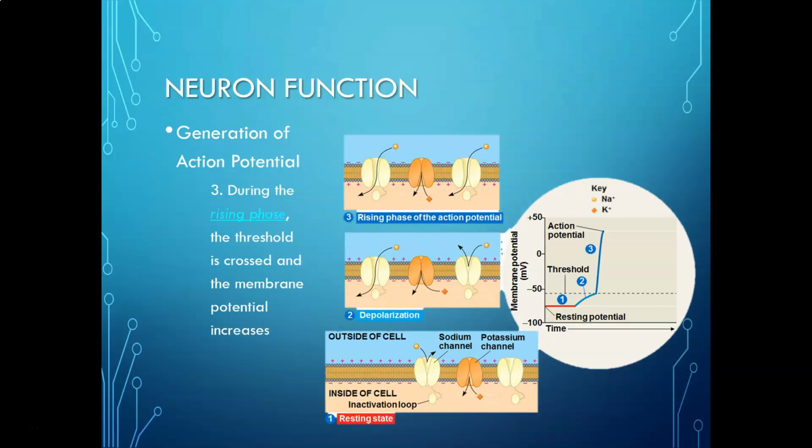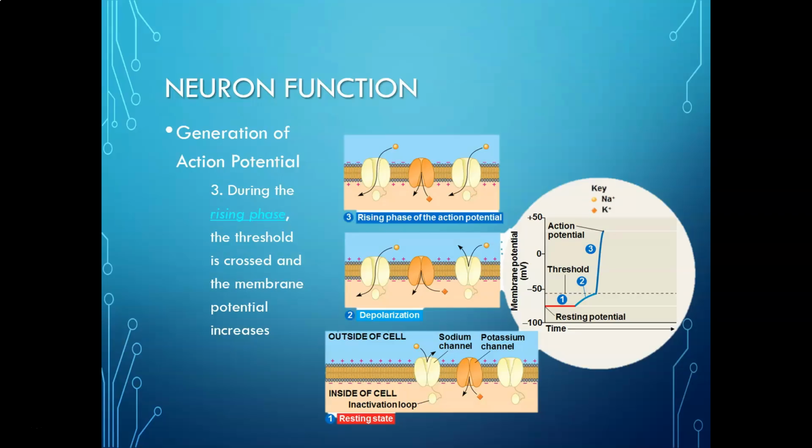Once I've gotten enough of that depolarization to hit that threshold point, now I get that actual action potential to send. The signal from this point forward is like a bunch of dominoes, and I'm going to take it from hitting that first domino to allowing the last one to fall. There really is no stopping point once I've hit that threshold and the action potential gets sent.